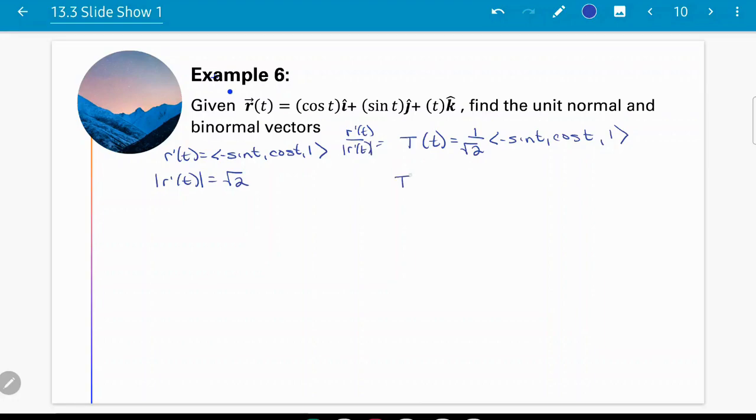And so now we need T'(t), which is going to be 1 over square root of 2 times negative cosine t, negative sine t, and 0.